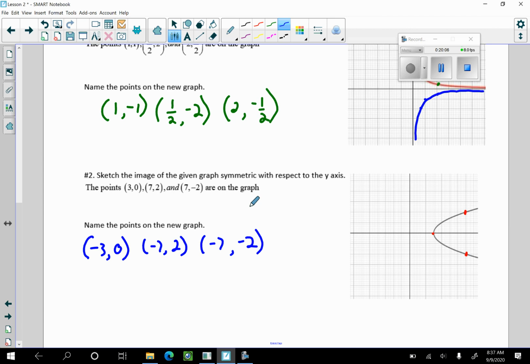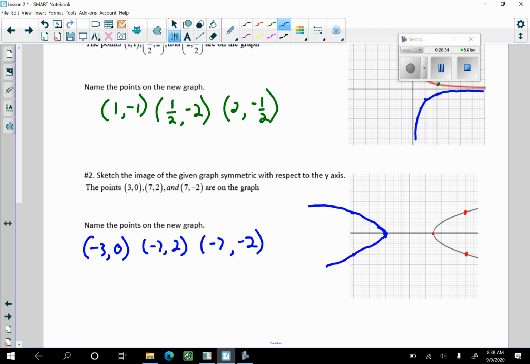Let's plot those points. We'll plot them in blue. I have negative 3, 0. I have negative 7, 2. And I have negative 7, negative 2. And so we can see I'm going to sketch the reflection about the y.